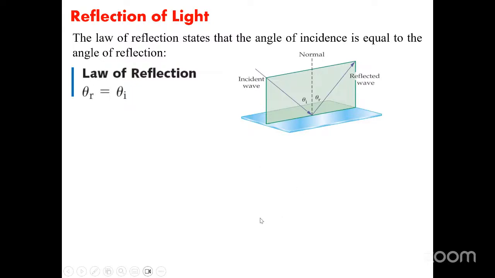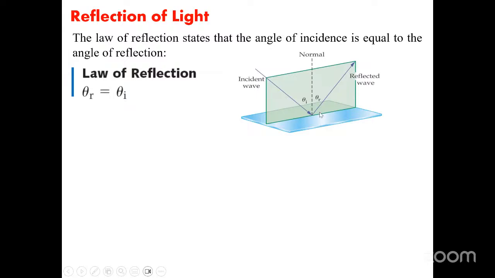Next, reflection of light. Yesterday we have been discussing the reflection and refraction phenomenon. The law of reflection states that the angle of incidence equals the angle of reflection, theta i equals theta r. See here, this is the smooth surface.